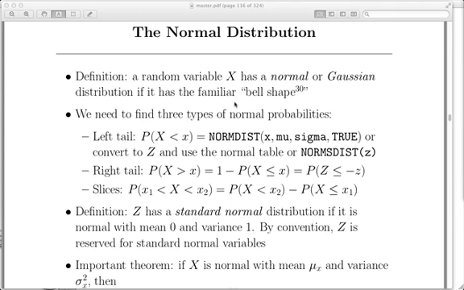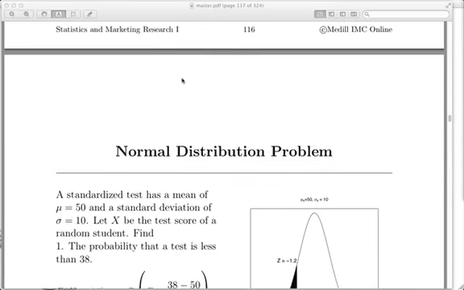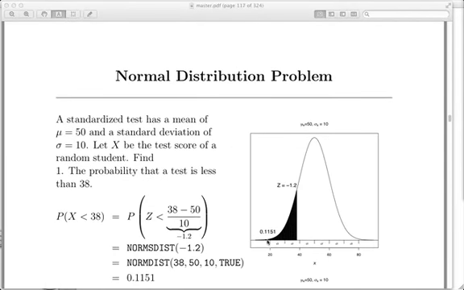Another really important special random variable is this normal random variable. Normal random variables will arise very often, and we're going to be using it throughout the rest of this course and the next one. So what is a normal random variable? Well, a normal random variable is one that has a probability histogram with the familiar bell-shaped curve.